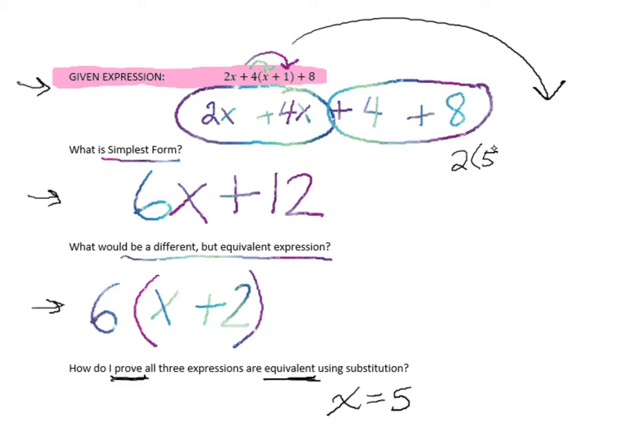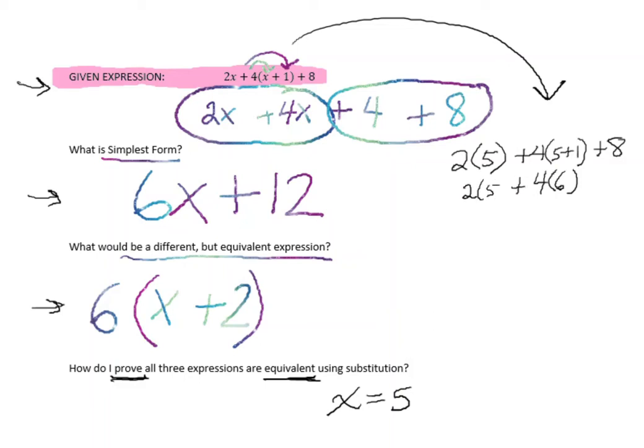So 2 times 5 plus 4 times 5 plus 1 plus 8. That's what my first step would look like to show that I'm substituting 5 for x. And now I would use the order of operations to simplify. Parentheses first, 5 plus 1 is 6.